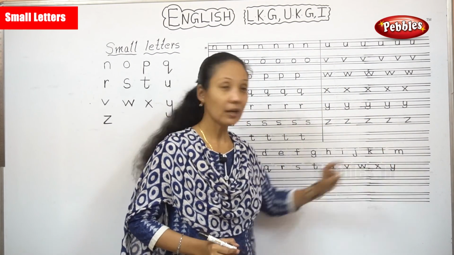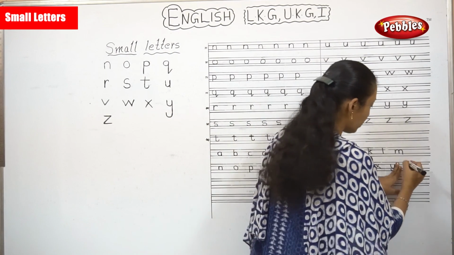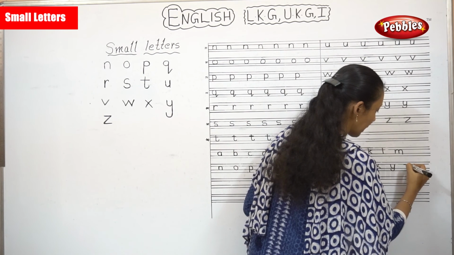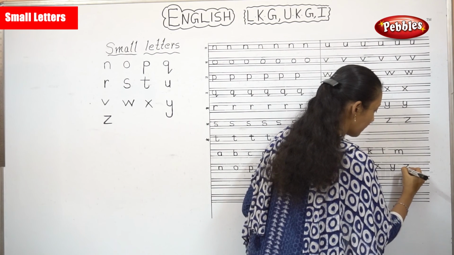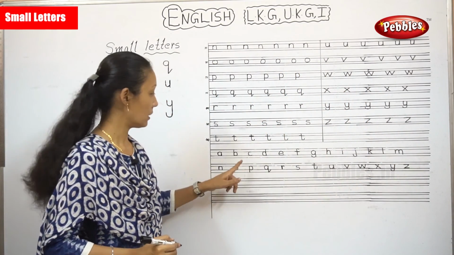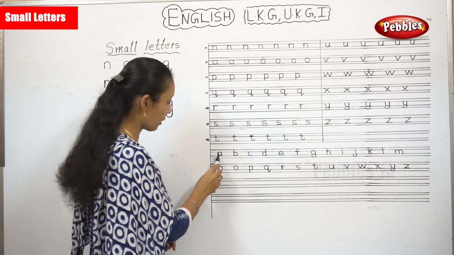Now after Y, what's your last alphabet, children? Yes, you will place your finger, you have Z. Sleeping line, slanting line and sleeping line. Now you have Z. So this is your small letters. Now we will read your small letters.